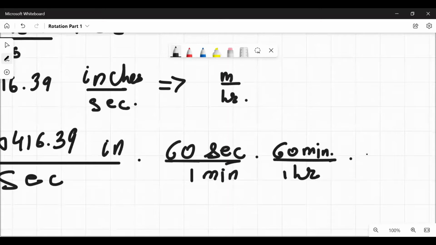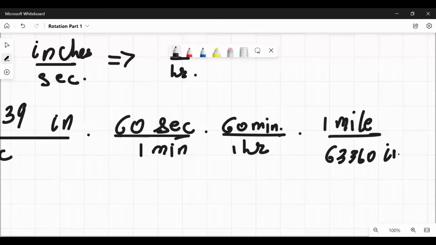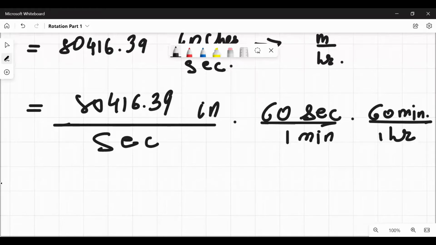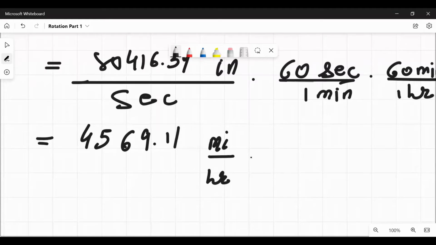And to convert from inches to miles, it is 1 mile over 63,360 inches. This shall give you 4,569.11 miles per hour. So there you go, that's your speed.